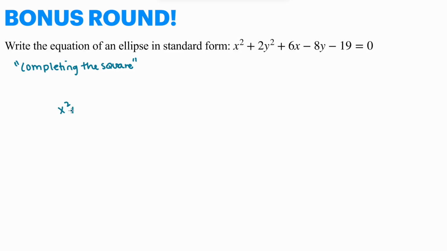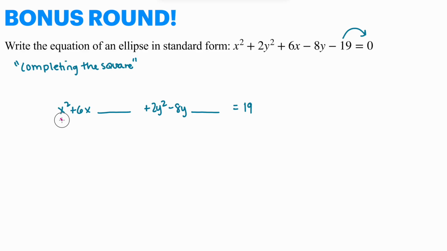I am going to pull my x's together. Then I'm going to pull my y's together. And then I am going to add 19 to the other side.